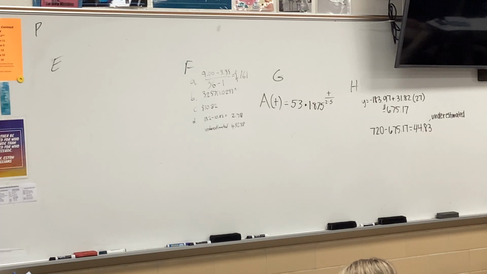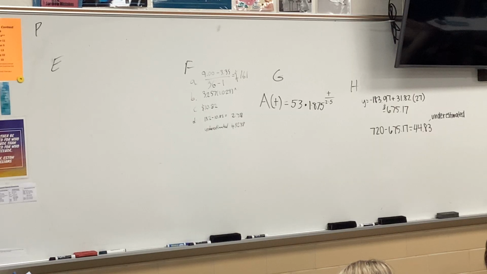Did anybody have a different idea how to do it? Leo, what did you think about doing? I said 1981 as the original, so zero. And so then A would be 3.35. So I did 3.35 times B to the 35th plus 9. I divided 9 by 3.35 and then took the 35th root of it. Okay, yes, that's right. For some reason I did the 25th root.